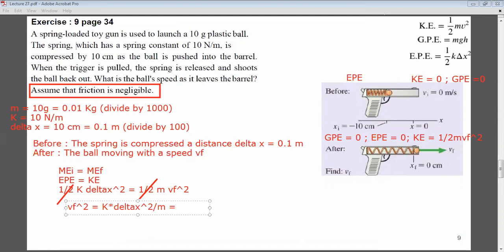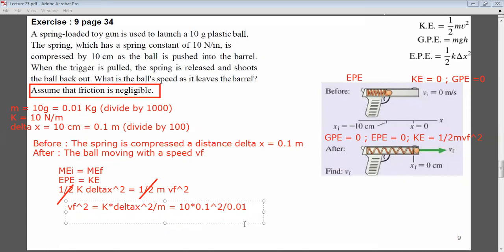This is equal to k, 10, times delta x, 0.1, square, divided by m, which is 0.01.